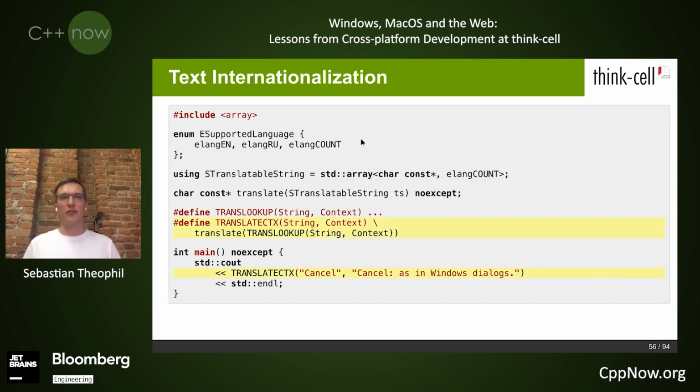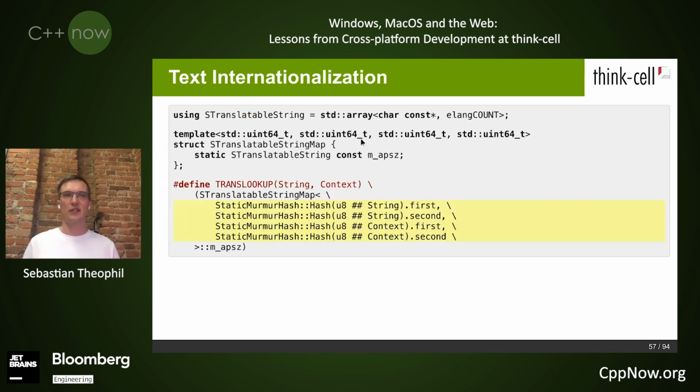So what does a translookup function look like, or the macro? Well, it looks like this. The translookup macro calculates a hash at compile time of the string that you want translated and the translation context. It calculates a Murmur hash specifically and uses the Murmur hash as a compile time lookup key in a map.